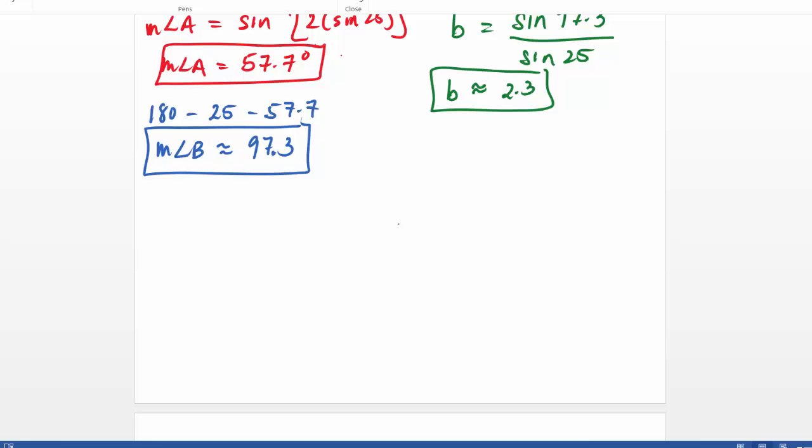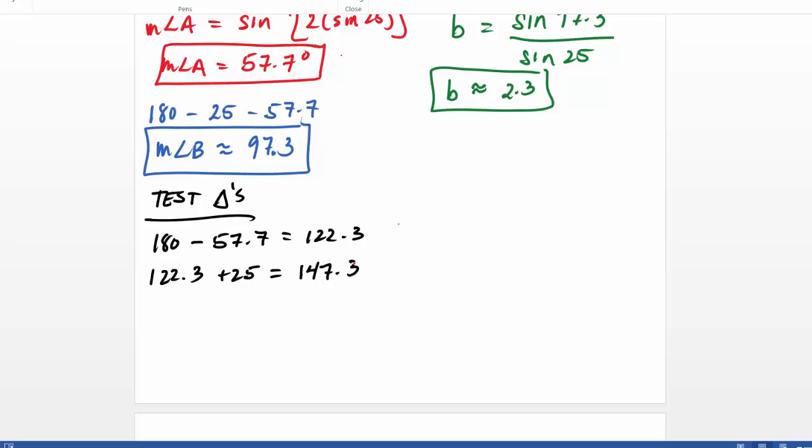So what I'm going to do is start testing this triangle by subtracting that initial angle from 180 degrees. Then we're going to take that total of 122.3 and add it to the initial angle, so the angle that was given to us in the very beginning of the problem. From here, we're going to subtract this total from 180 degrees.